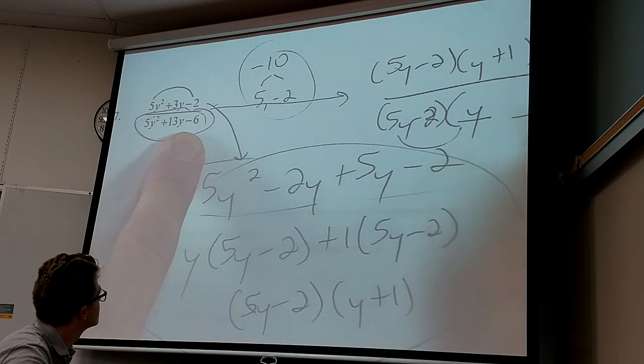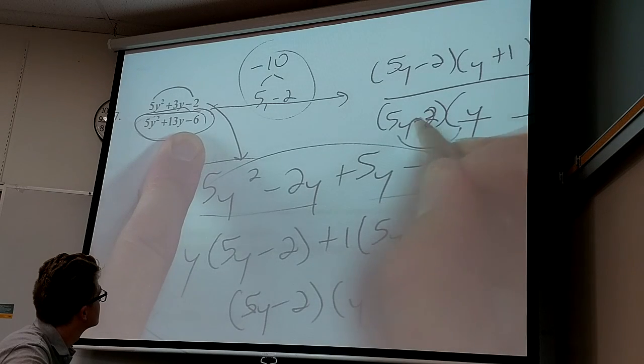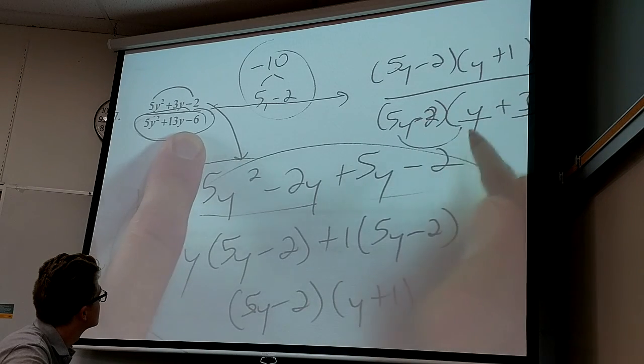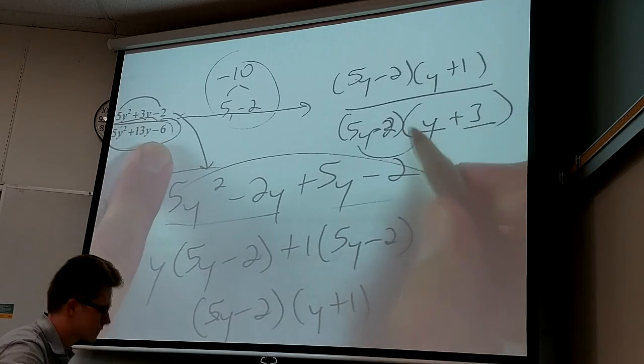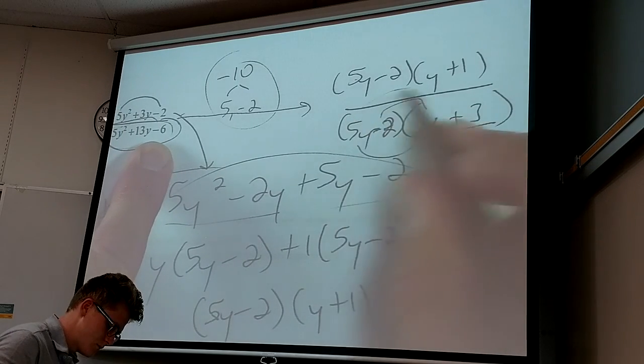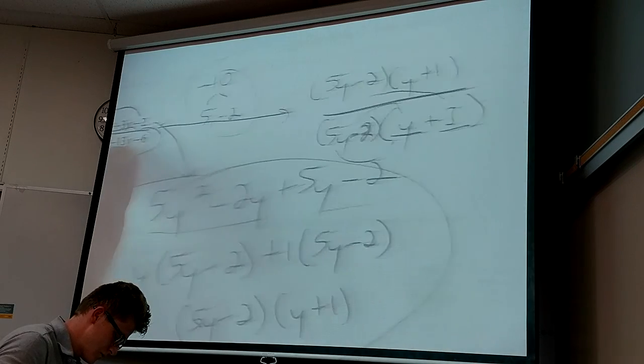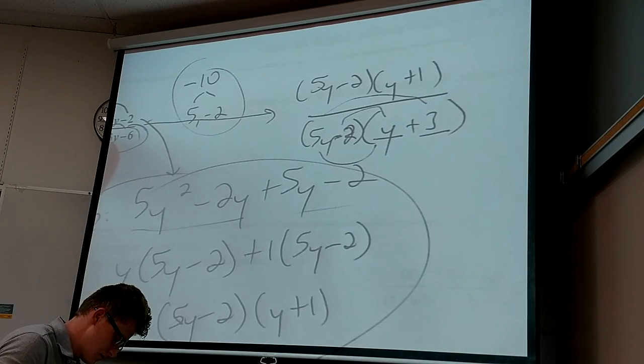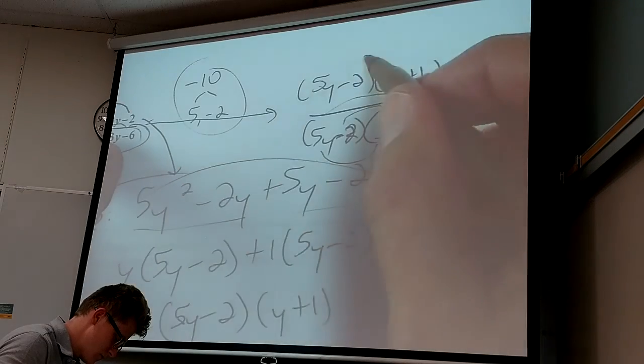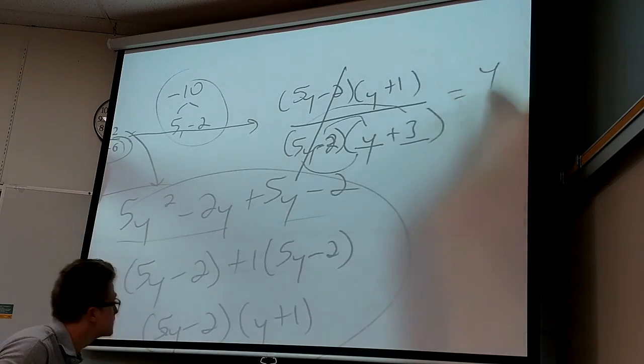Positive 3. Let's double check the middle term: negative 2y plus 15y is 13y. So what can I kill? Then you have y plus 1 over y plus 1.